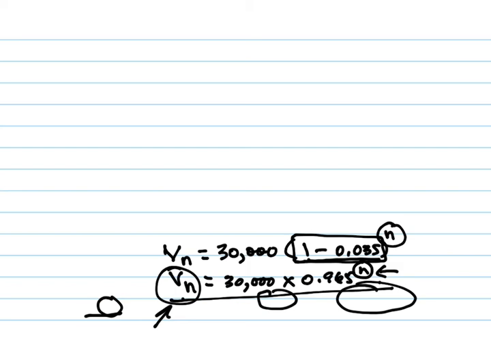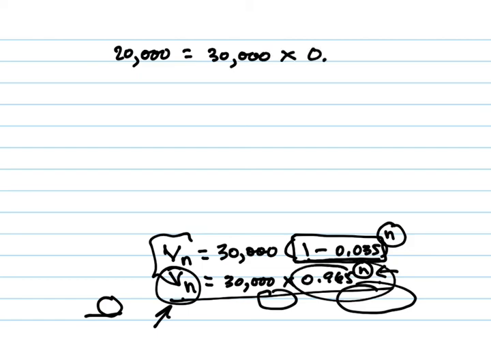So let's say we want to know when the value of his shares is worth $20,000, for example. So that's our future value. And again, I'm making this up, so don't look for this anywhere. All right. And it was originally $30,000 times, our simplified version of that is 0.965 raised to the nth power.